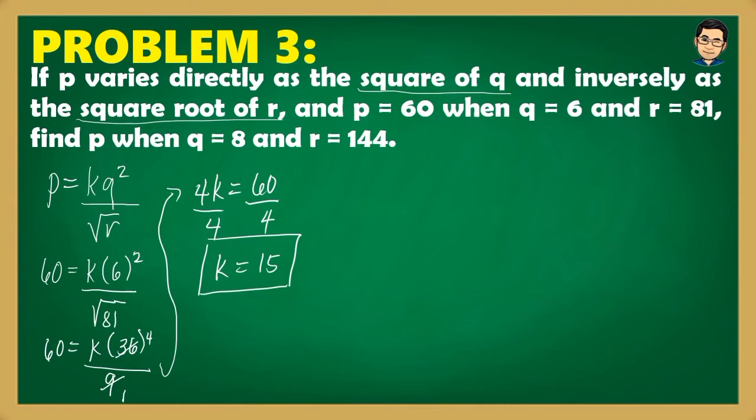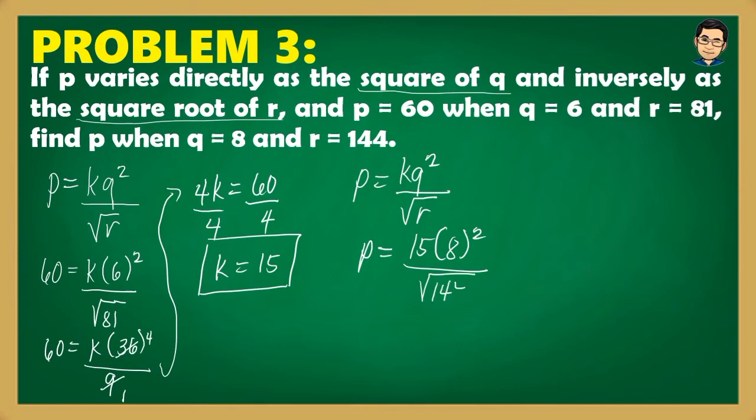And then, find p when q is equal to 8 and r is equal to 144. So, using the same equation, kq squared all over the square root of r, that is p, is equal to the value of k, which is 15, times the value of q, which is 8 squared all over the square root of 144.